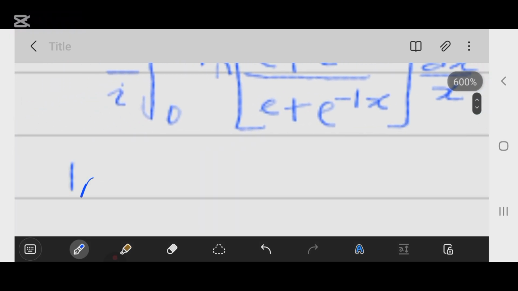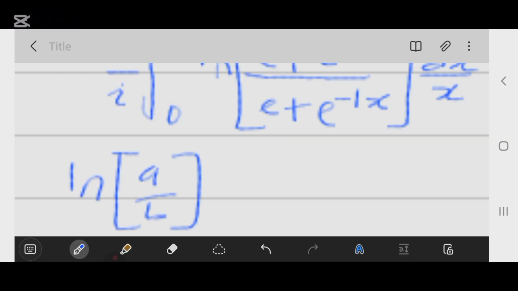Recall, from the subtraction law of logarithms, we have that ln a over b is equivalent to ln a minus ln b.